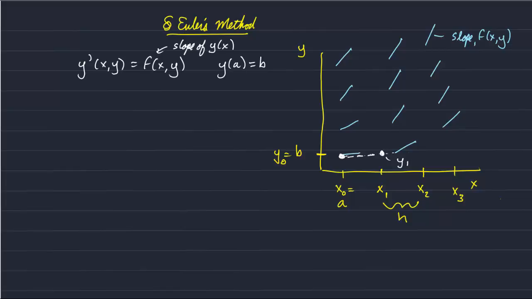And then starting from y1, since we have an estimate for y1, we know where we are in xy space, so we'll project along the slope evaluated at that point, which might look something like this. And we'll project that to point x2.